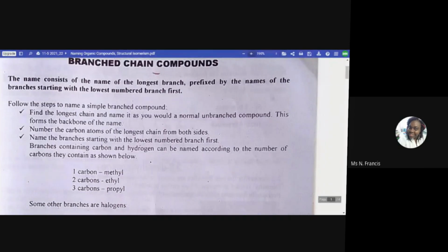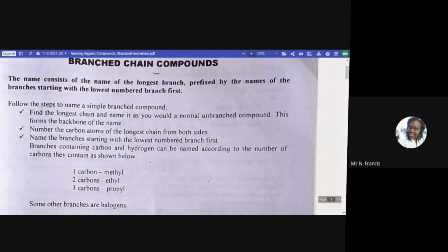We can create branches, or we can shift around the functional group. I remember I said that it was really applicable to your alkenes and your alcohols, where we shift around the functional group, changing the position of it to form isomers.